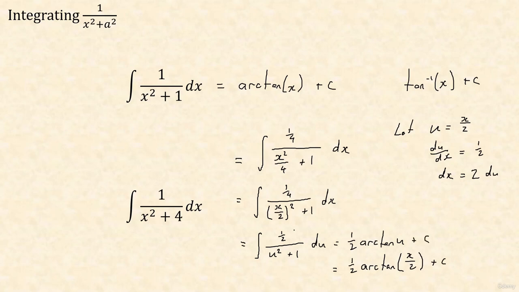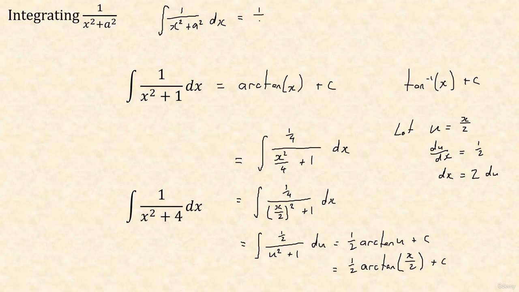Now, there was nothing special here about the number 4, which is really 2 squared. We can actually generalize this, and our generalized result is as follows. The integral of 1 over x squared plus a squared is always going to be 1 over a. That's equivalent to the 1 over 2 down here.